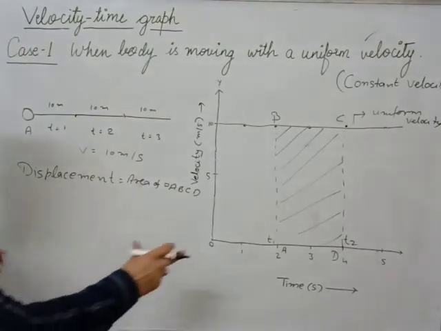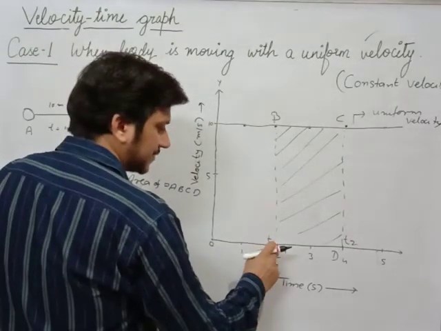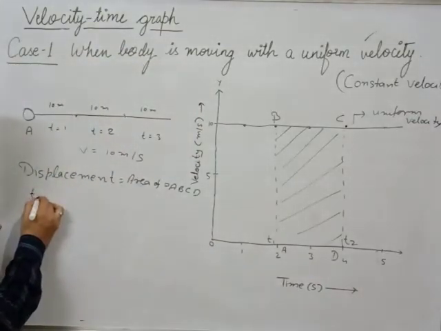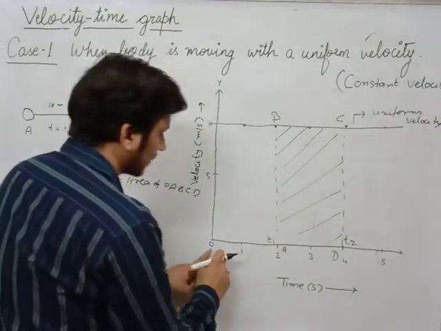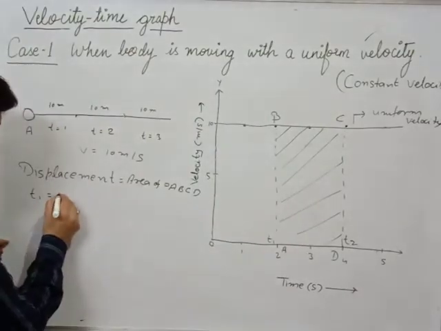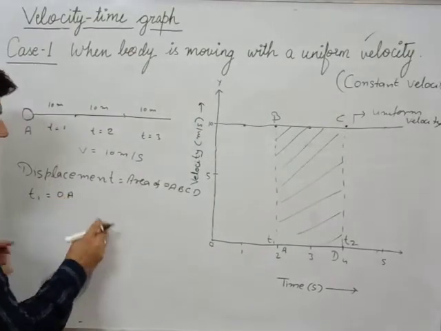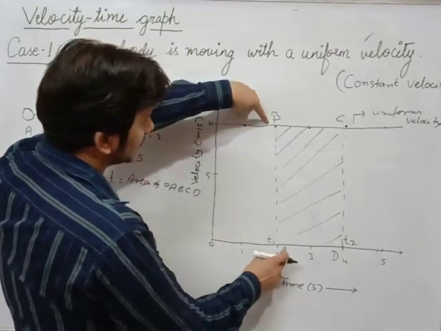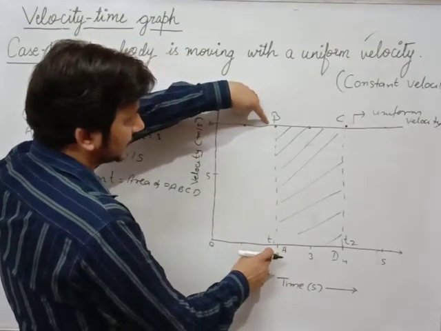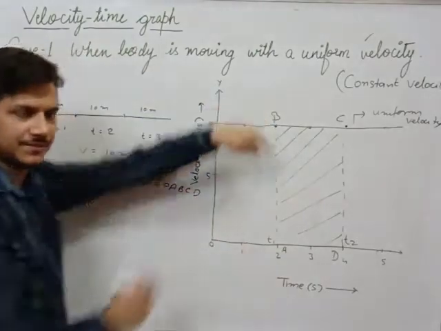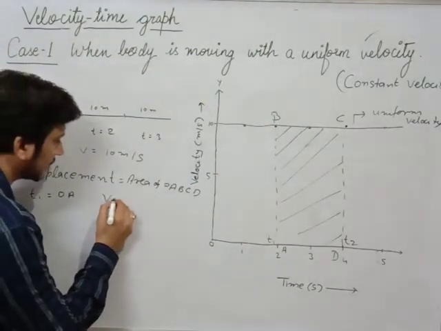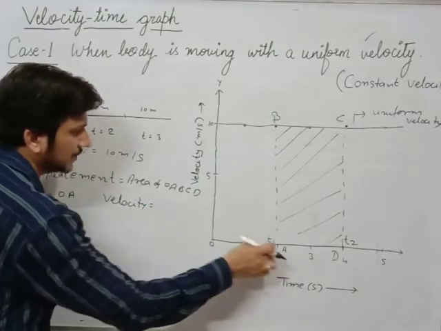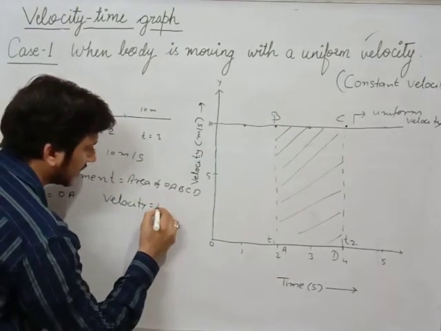Now here the time is between t1 and t2. So t1 equals OA, and the velocity after t1 is 10 meters per second, which equals AB.